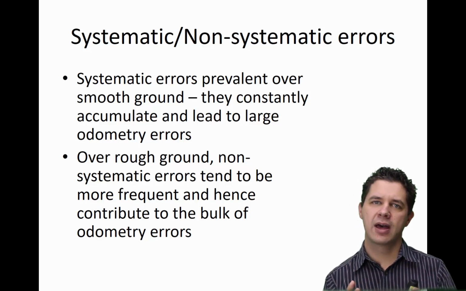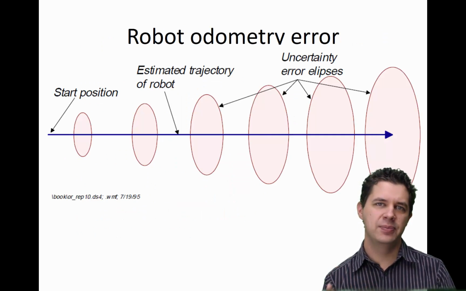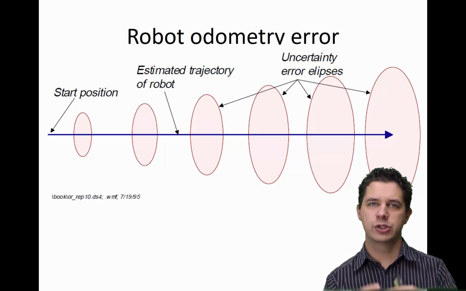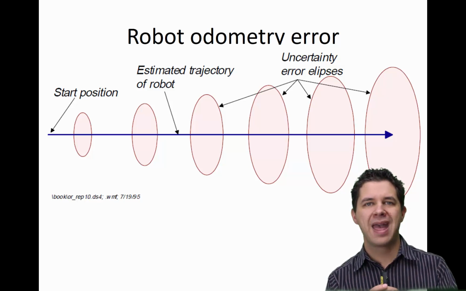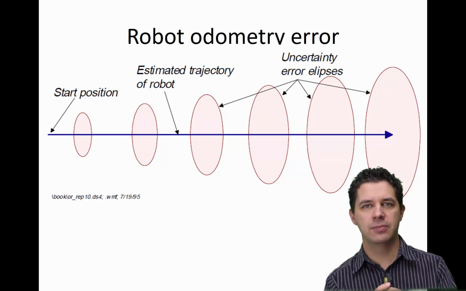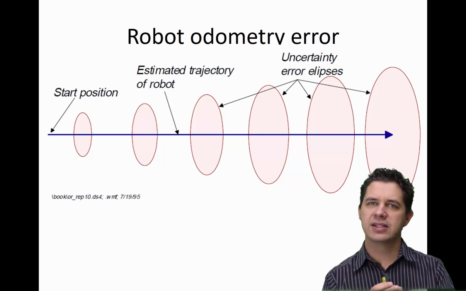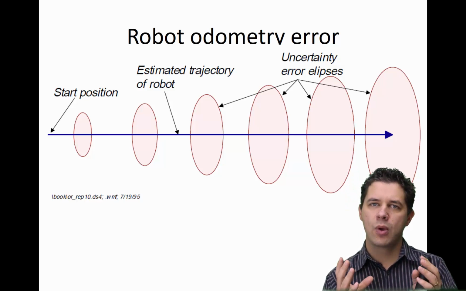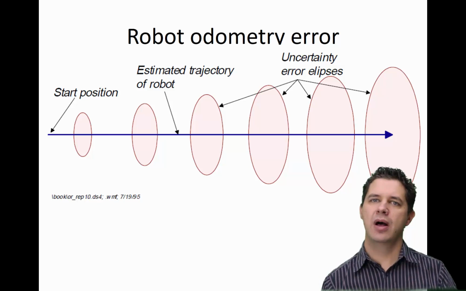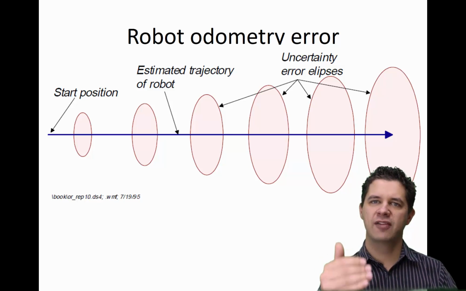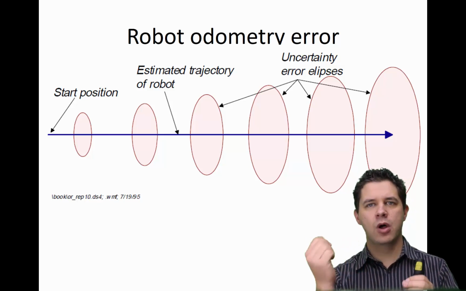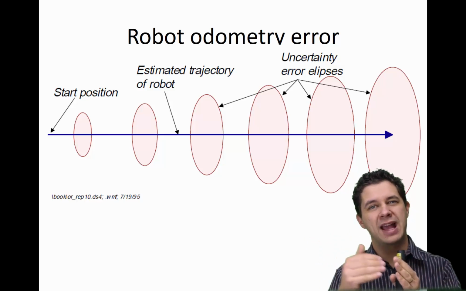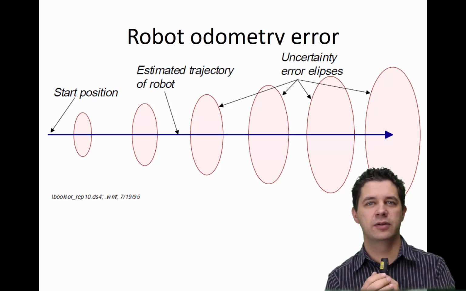One interesting thing that we get is these error ellipses. Our uncertainty about where our robot is, and our uncertainty related to the error that's occurred, increases over time and increases in the shape of an ellipse. And if we think about this, our odometry does reasonably well at telling us how far we've actually travelled. And that's why we see as the robot moves along, the distance we've actually travelled, we've got a reasonably good idea of it.